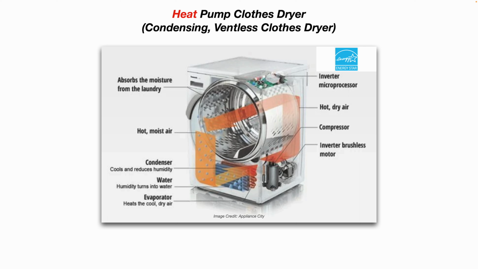The condensate that's collected is clean water, and you can have a hose that goes to a floor drain, or there'll be a condensate drain pump that can pump it out to the sanitary sewer system, or some dryer and washer combinations can even use the washing machine pump to pump the condensate away.